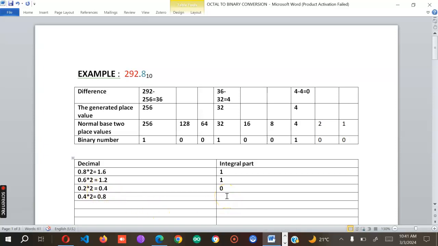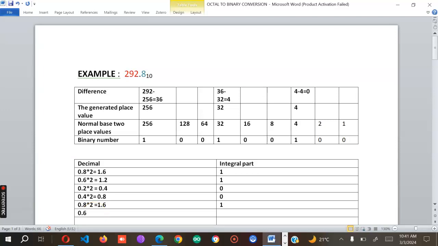So you write the 0, then we have 0.8 multiplied by 2, then you will get 1.6. So you have 1 here, we have 1, then 0.